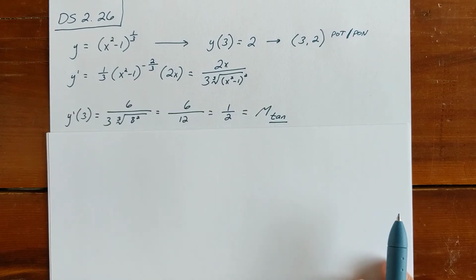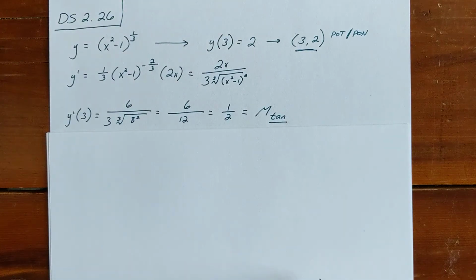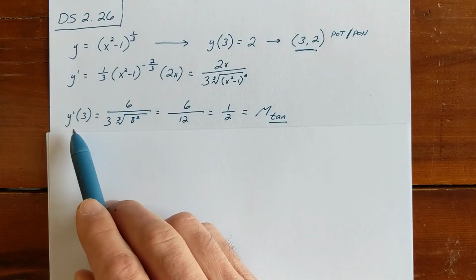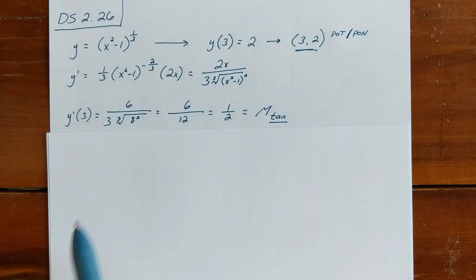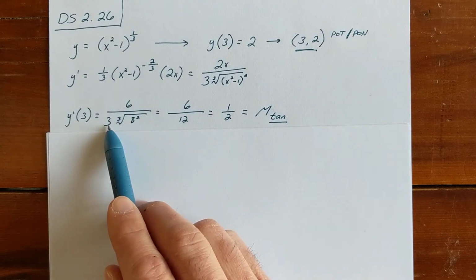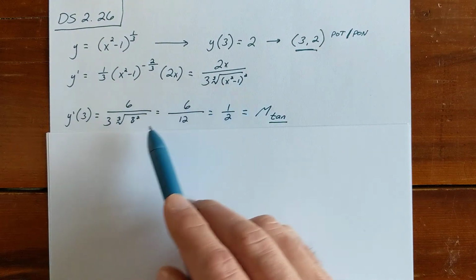So now we were going to evaluate y prime at the point in question, (3, 2). Plugging a 3 in here for the x, the 2 times 3 is going to give us a 6 on top. Down on the bottom, I kept the 3 there for now. We did this work before. The 3 squared minus 1 is going to be an 8.